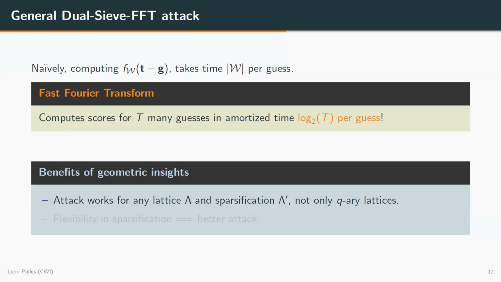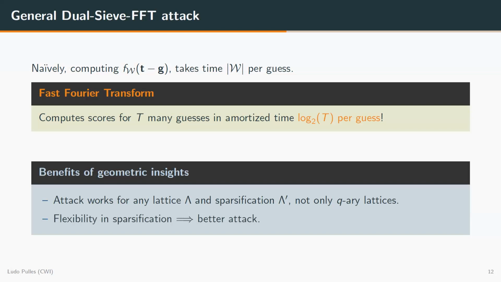And what we show, with this general dual attack that gives some geometric insight, is that you can actually run this FFT trick on any sparsification you want. It has much more flexibility, and it also shows that you can run this dual attack for any lattice you want, so not necessarily the lattices used in the LWE case.